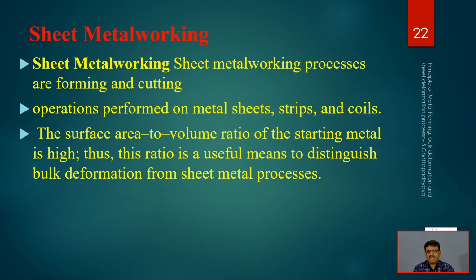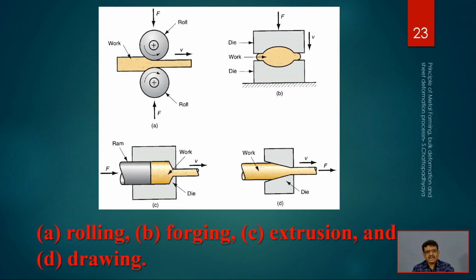For bulk metal it is low, it is high for sheet metal. The two are easily distinguishable because of this ratio. So therefore in bulk deformation processes this ratio is small, and for sheet metal the ratio is high.